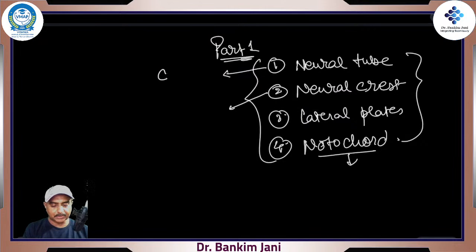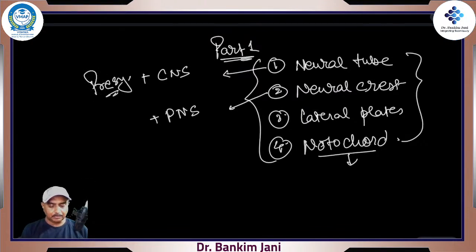Tube forms CNS, crest forms PNS, peripheral nervous system. Neural tube forms presynaptic autonomic fibers. Neural crest forms postsynaptic autonomic fibers. True, right? That's the thing which you must remember.